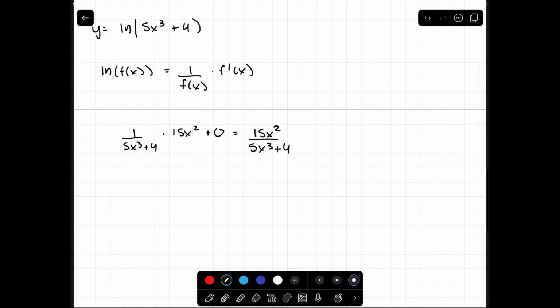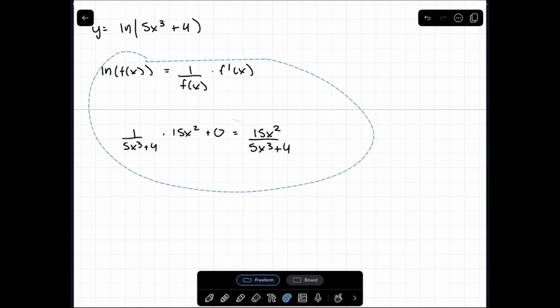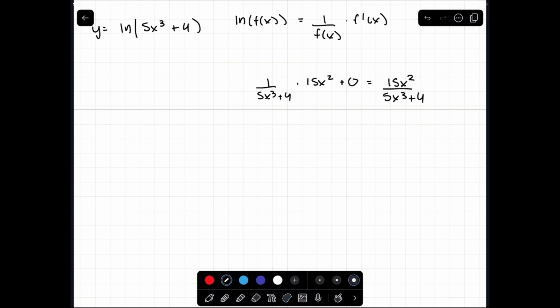But if we're going to do it with chain rule, let's move this over. Let's say u equals 5x cubed plus 4. Our derivative of this, so u prime, equals 15x squared plus 0, which we have in the other example, which means we're in the right direction. And then now we've got our outer function, natural log of u.